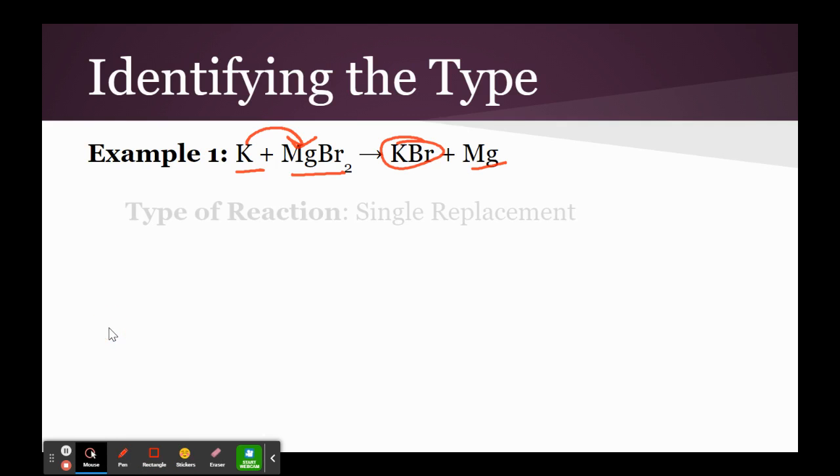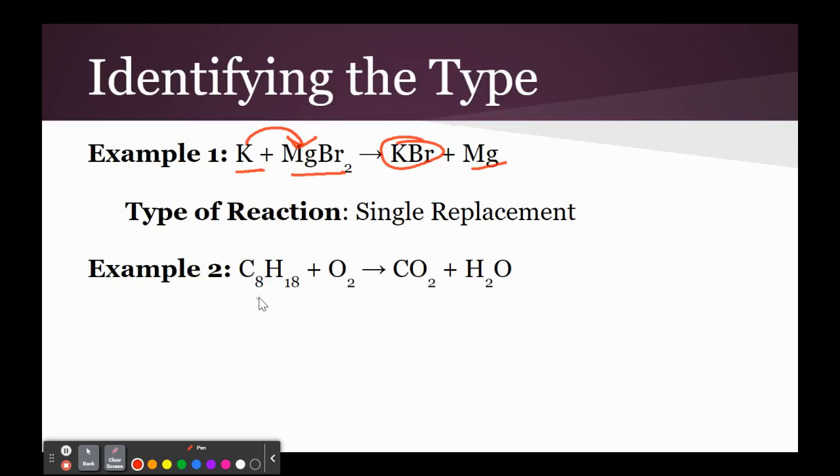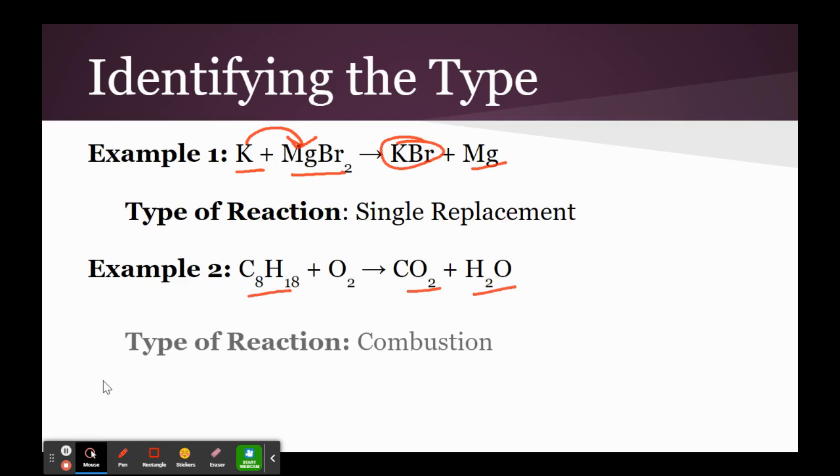That means that this is a single replacement reaction. Here is example 2. We have C8H18, so that is a hydrocarbon that is combining with oxygen, and it produces carbon dioxide and water. That tells us that this reaction is a combustion reaction.